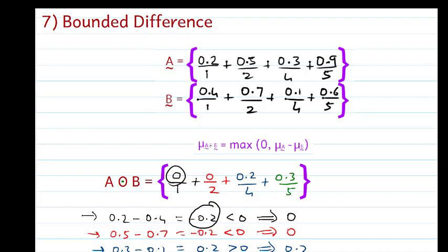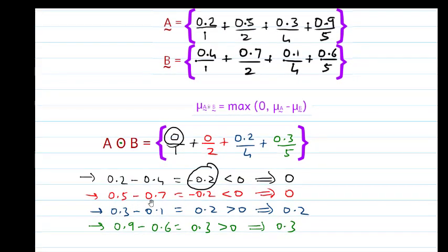In the second case we have 0.5 minus 0.7, which is minus 0.2, less than 0, so we write 0. In the third case 0.3 minus 0.1 is 0.2, which is greater than 0, so we write 0.2. And in the last case 0.9 minus 0.6 is 0.3, which is greater than 0, so we write 0.3.